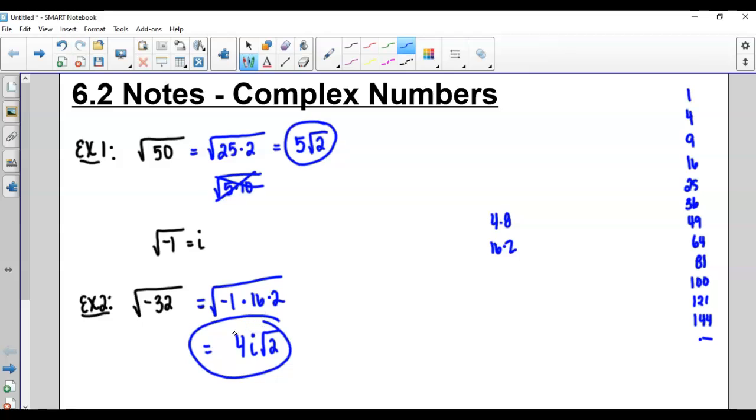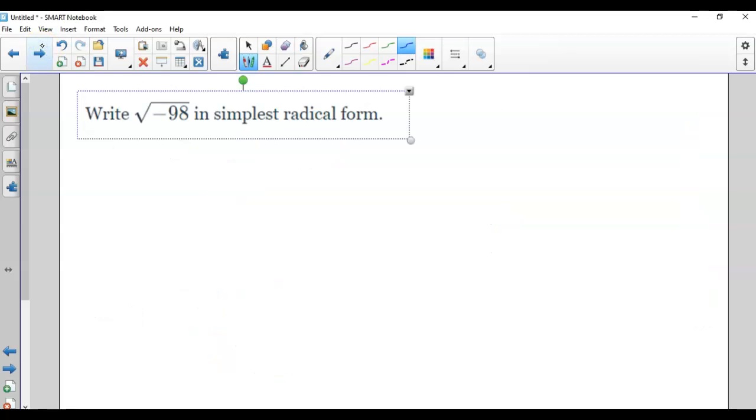So let's start looking at some of the problems that you're going to have on your Delta Math assignment today. The first thing you're going to be asked to do is just to simplify some of these roots that have negatives underneath them. When we're thinking about the number 48, we want to think about numbers that we could multiply to get 48. The one that we want to use here is 16 times 3.